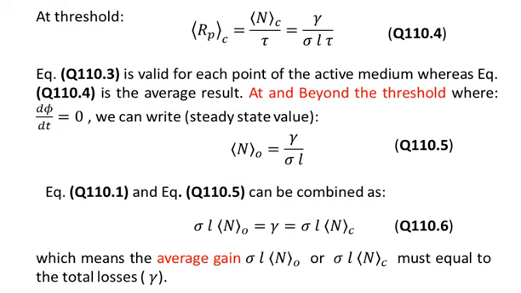So we can combine these two equations and equate them through the value of gamma. So we have on the left hand side sigma into L into average of n at the steady state value, represented by the symbol O, equal to gamma, equal to sigma into L into average of the population inversion at the critical value, represented by the symbol C. So we have this equation number 6.